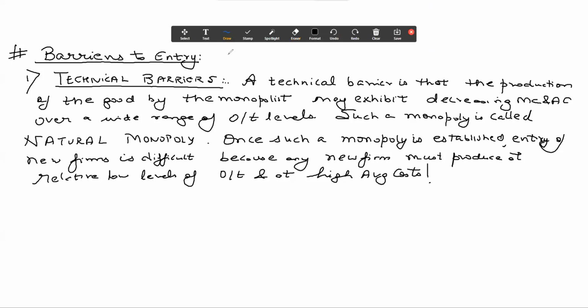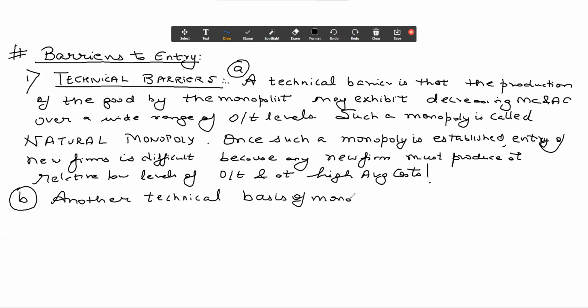There is one more technical barrier. Okay. This was point A. This is another point B within technical barrier. Another technical basis of monopoly is the special knowledge of a low cost productive technique.